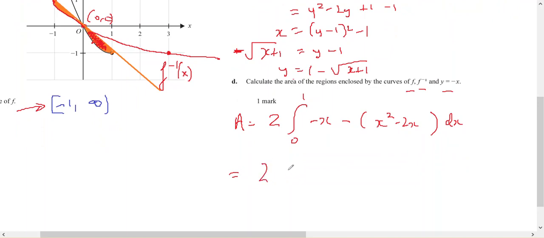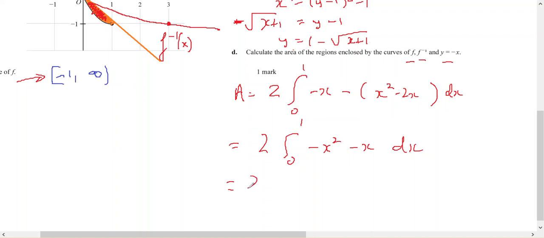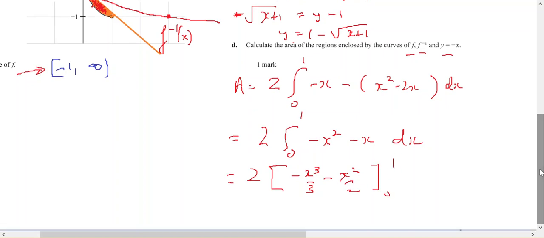So I've got 2 lots of the integral from 0 to 1 of minus x squared plus 2x minus x dx, which will be 2 lots of minus x cubed on 3 minus x squared on 2 from 0 to 1.